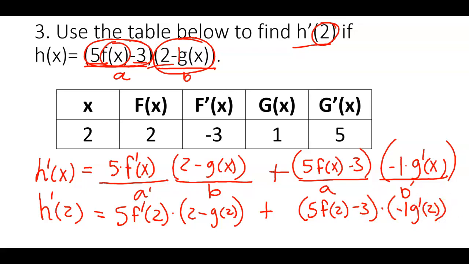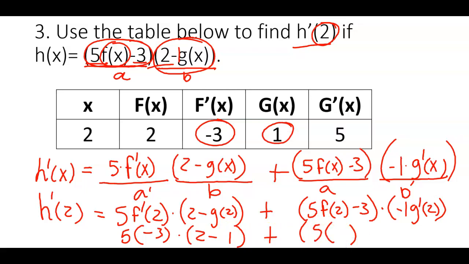All right, and from here on out, we can just use our table to simplify this a little bit. F prime of 2 is negative 3. G of 2 is 1. F of 2 is 2. And G prime of 2 is 5.